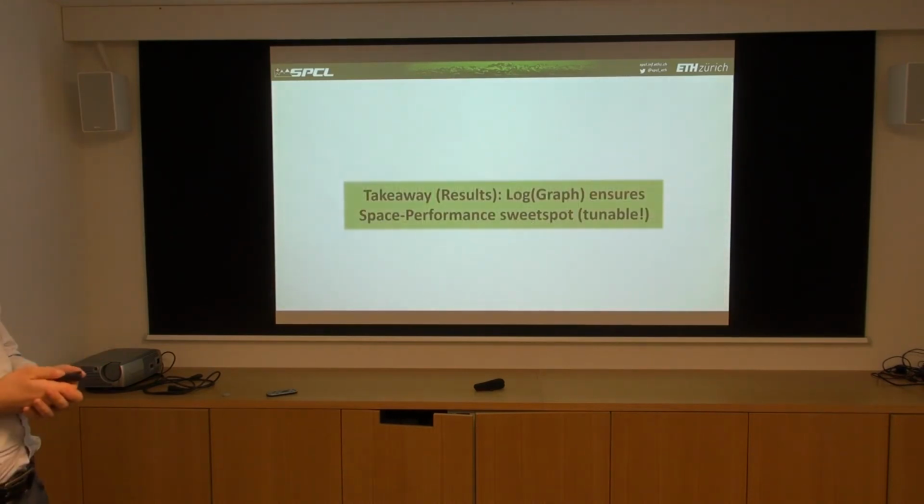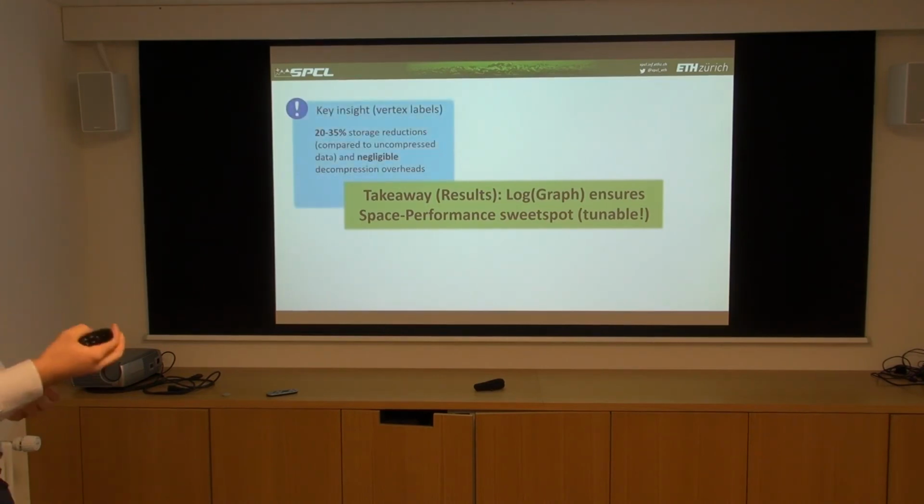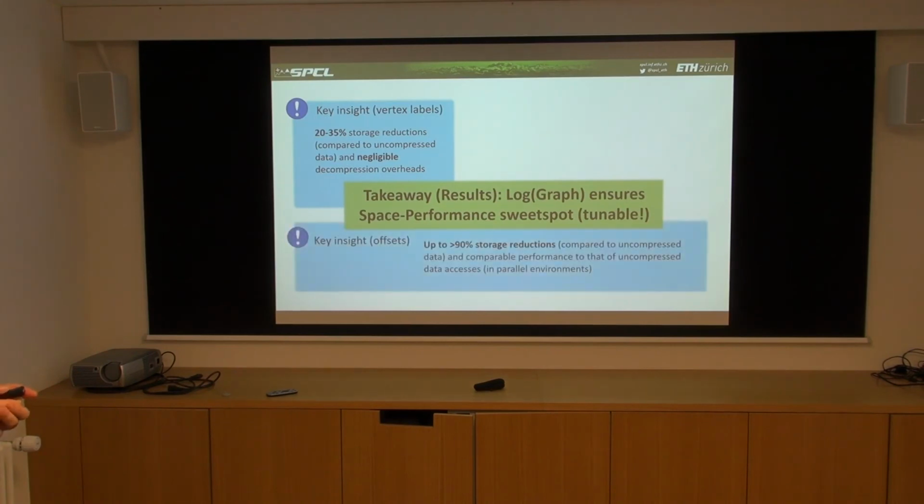Okay, so the takeaway is that LogGraph ensures the space performance sweet spot, which is also tunable in the space of different graph compression designs, right? Because on one hand, we can compress vertex labels, which gives us reasonable storage reductions and quite negligible decompression overheads. On the other hand, we also can use compression of offsets, which is going to always give some space reductions and be at least as good in parallel settings in terms of performance as the traditional schemes.